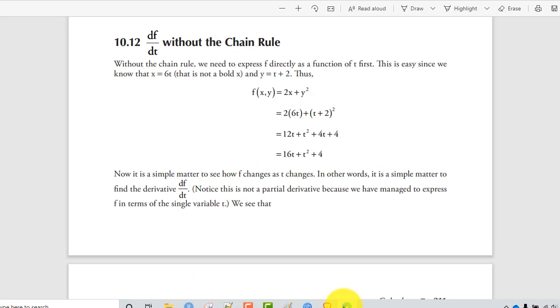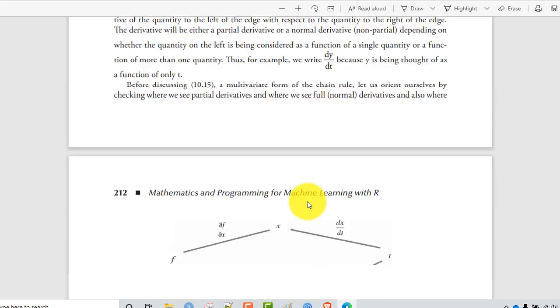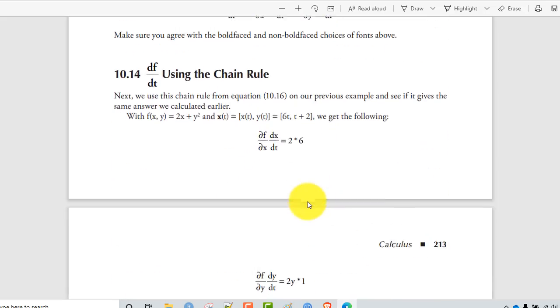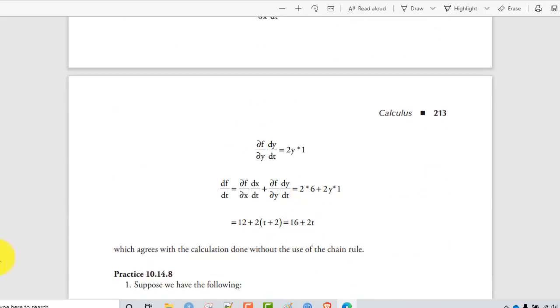So going back to our example, we have this as our expression now in terms of t. If we take the derivative of this with respect to t, we get 16 plus 2t, and hopefully that's what we got down here. 16 plus 2t. So we got the same thing. That gives us some confidence that our chain rule is working the way it should be.